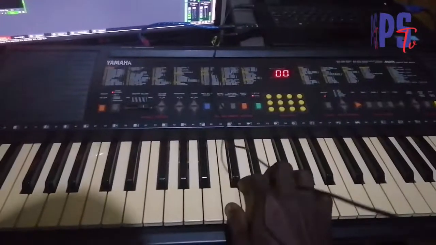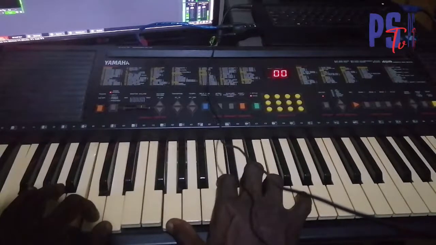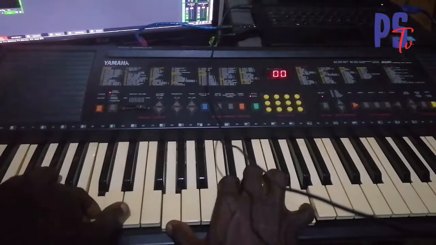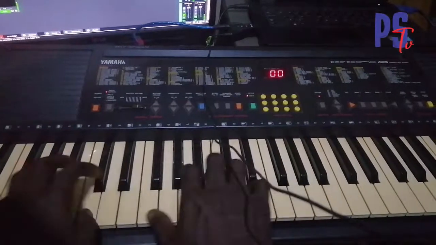A melody that goes like. Just going. You can do the things.